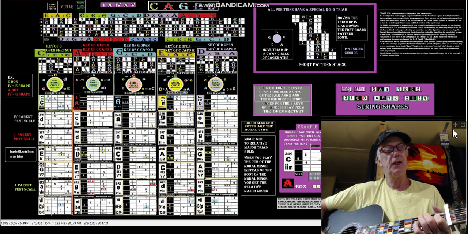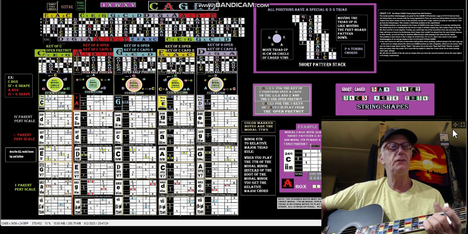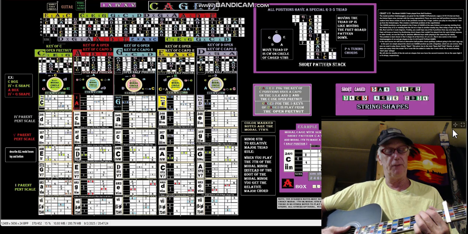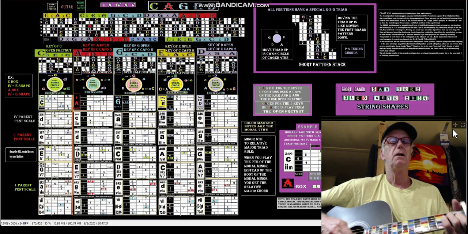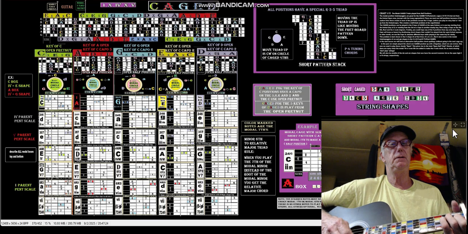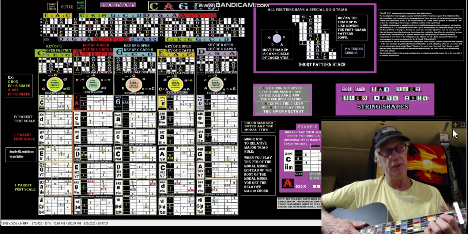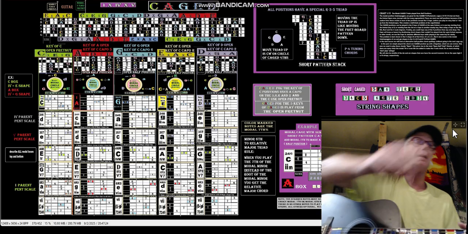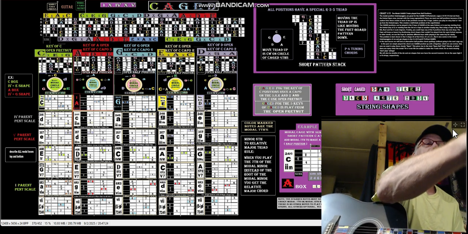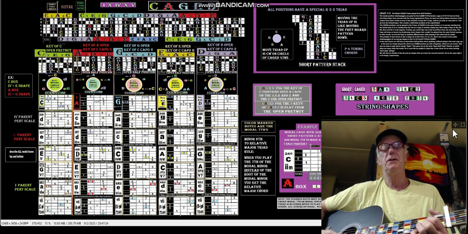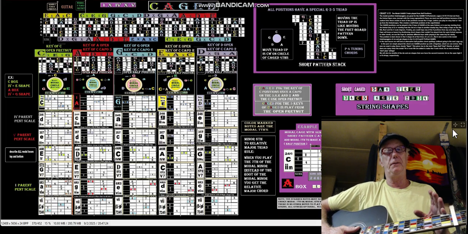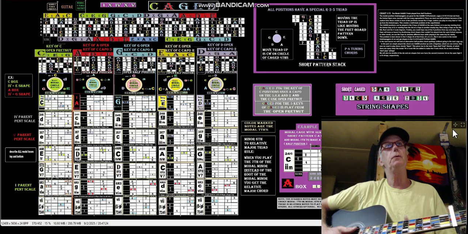Then we go to the A, and that's the key of A. So we had the key of C, C-shaped C. Now we have the key of A, A-shaped A. Then we have the key of G, G-shaped G. And we have the key of E, E-shaped E. And then what's last? The key of D, D-shaped D.